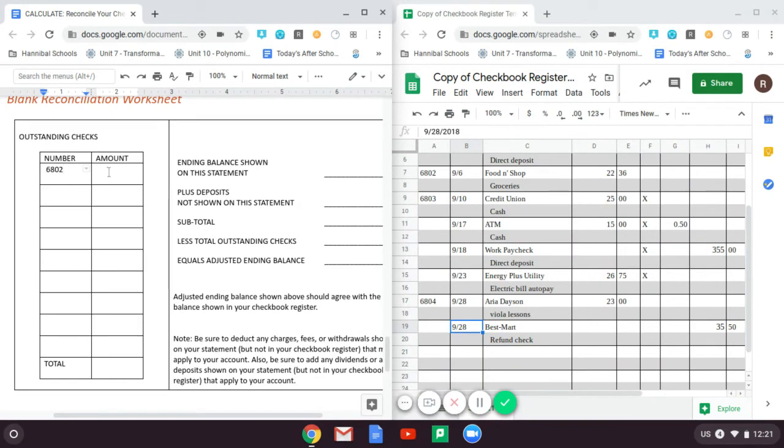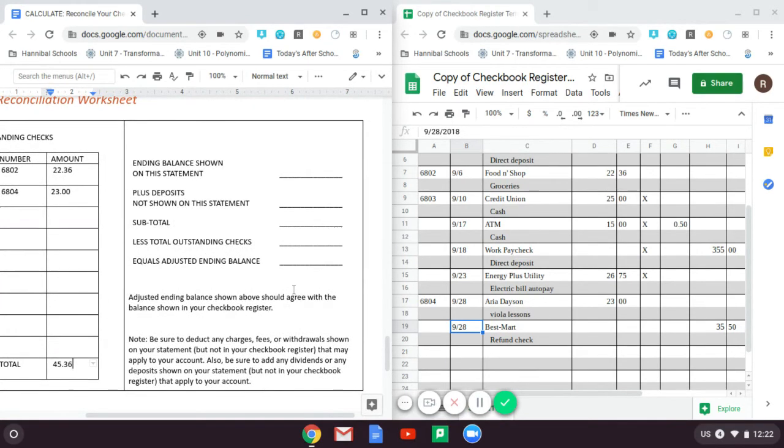Okay, so 6802, that check was for $22.36. Then we also had check number 6804. Remember, that was for our viola lessons. That was for $23. So if we do a little quick math here, the total of those 2 outstanding checks is $45.36.